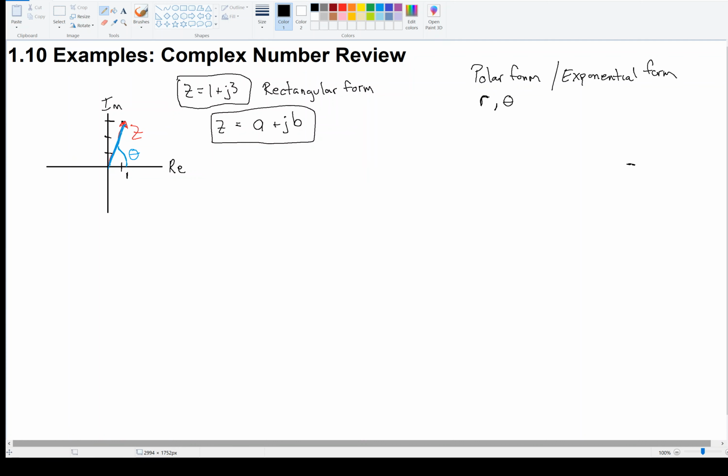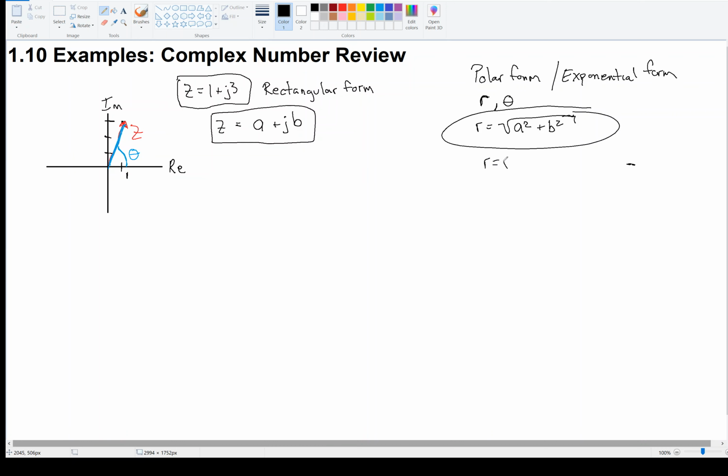So in rectangular form, how do you get the length of that vector and how do you get theta? Well, you should know from the Pythagorean Theorem that the length of the vector is the square root of a squared plus b squared. An important point here is that in this calculation I'm leaving off the j. j only tells me the direction. So j tells me to use the b, but I'm not going to use the j in this calculation.